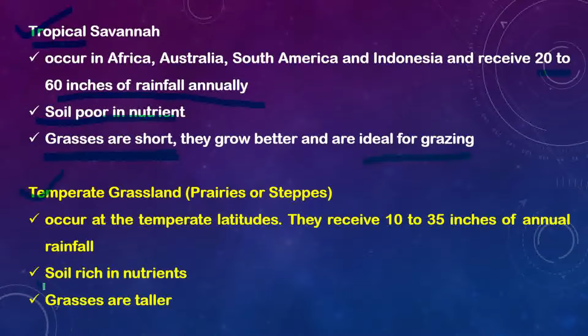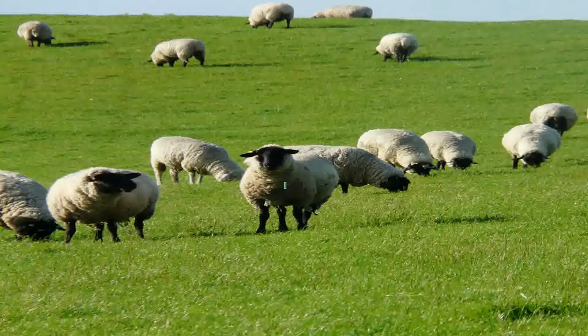The soil here is normally rich in nutrients and the grasses are taller. So this is a typical grassland with cattle grazing. So grasslands can easily be called the kingdom of grazing animals.